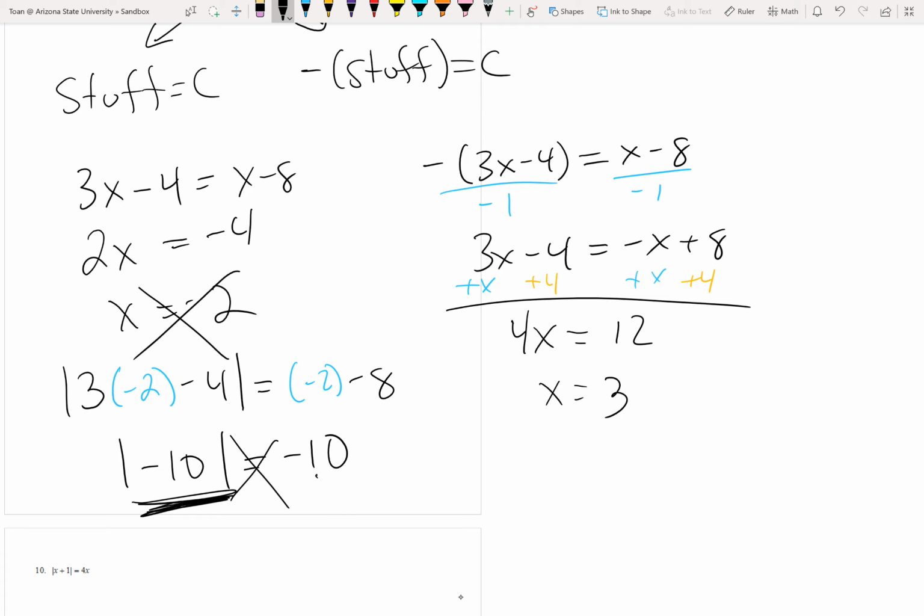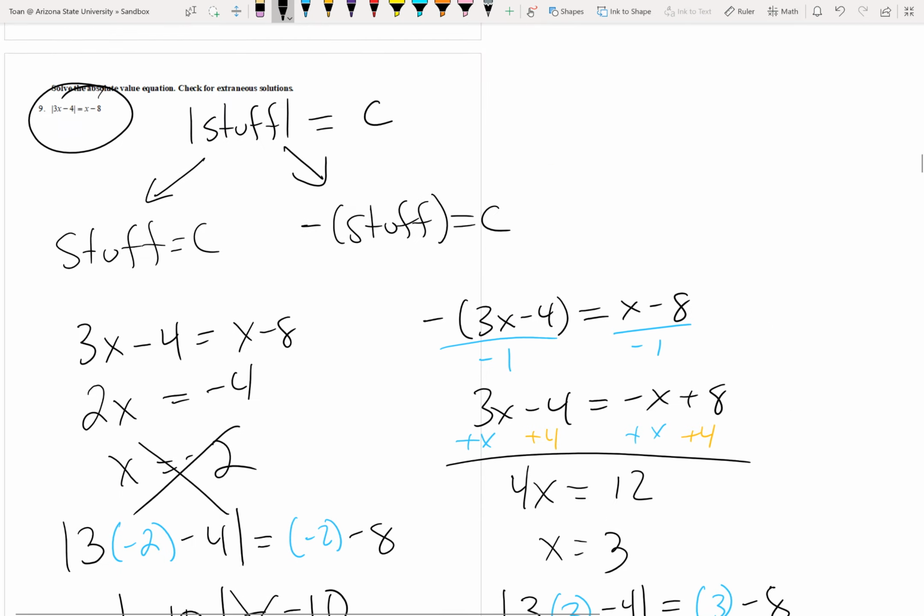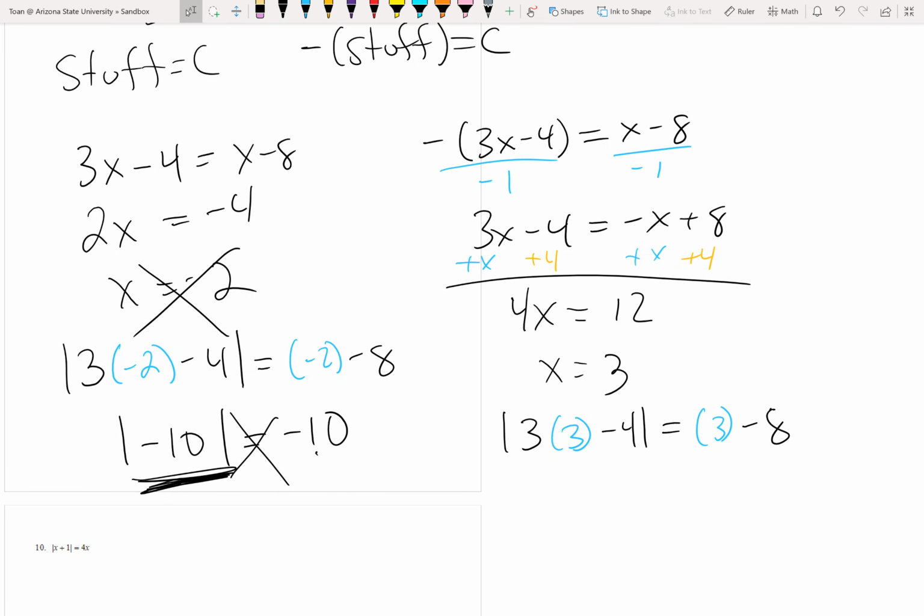To check x equals 3, we'll do the same thing. Just plug into the original problem. Wherever I see an x, I'm going to substitute a 3 in. So all I'm doing is just copying the original problem, but wherever I see an x, I'm going to toss in a 3. And then you do your math.